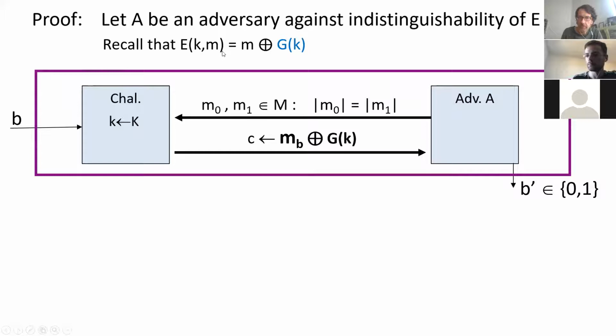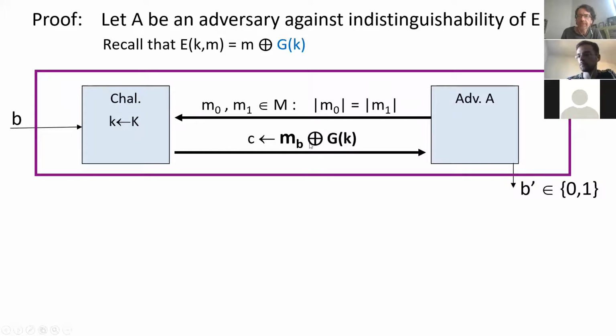And by the way, we're proving security of the stream cipher, so we know that the encryption under key K of M is M XORed with PRG applied to K. So there is a secret bit here that defines a security game.